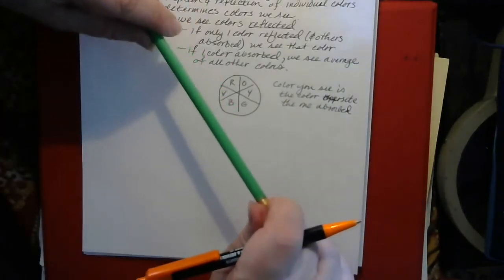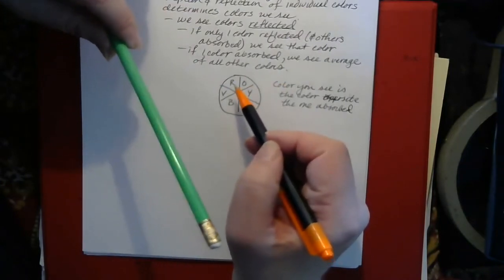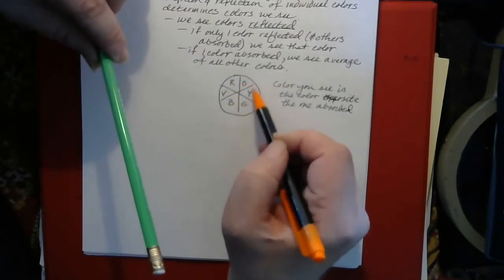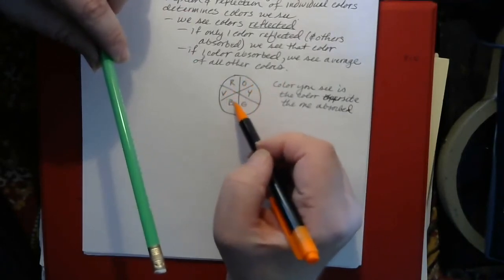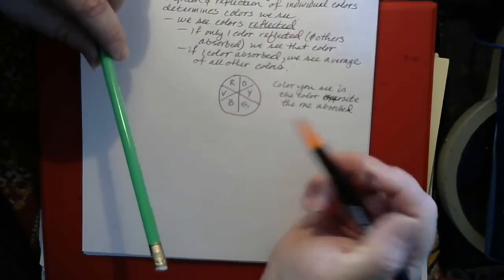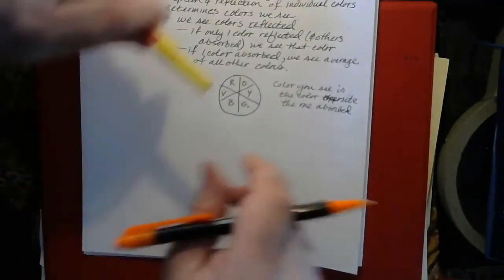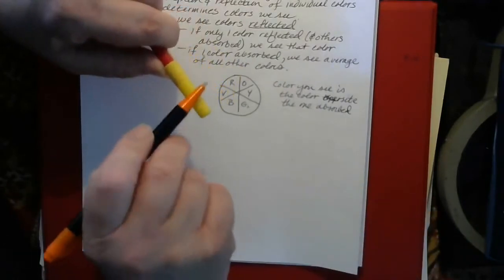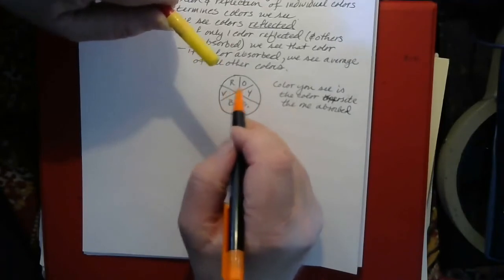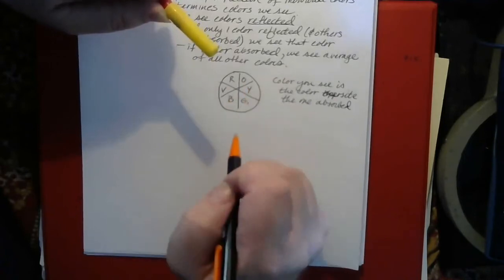So if the pencil looks green, it's most likely that the paint on the pencil is absorbing red, and what we're seeing is an average of all of the other colors in the spectrum, which happens to average out to green. If, say, the cap of the pen looks yellow, it's probably because violet is being absorbed, and so what we see is an average of all of the other colors, which averages out to yellow.